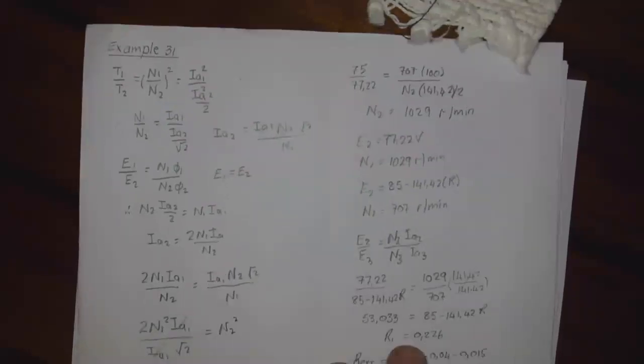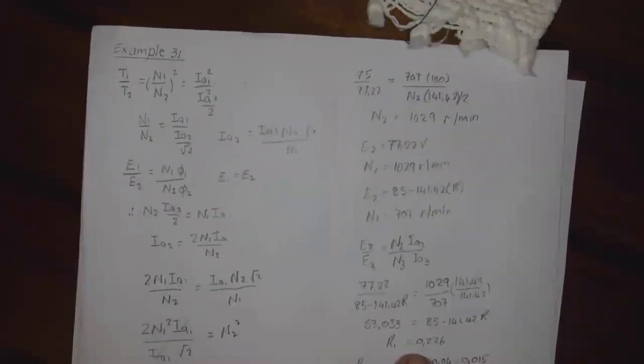E1 is equal to E2 because they've said nothing about the resistance, so we can ignore it. So that means that E1 is equal to E2. So N1 flux 1 is N2 flux 2, and flux 2 is IA2 over 2, which is N1 IA1. So IA2 is then 2 N1 IA1 divided by N2.